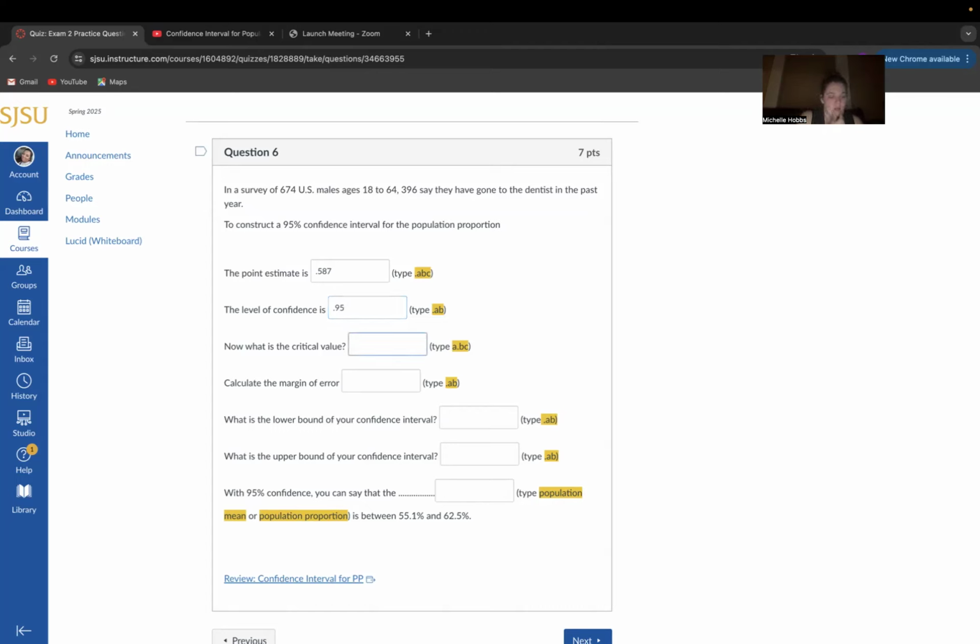And then to calculate the critical value, the critical value is about 1.96. And then, what is the margin of error?